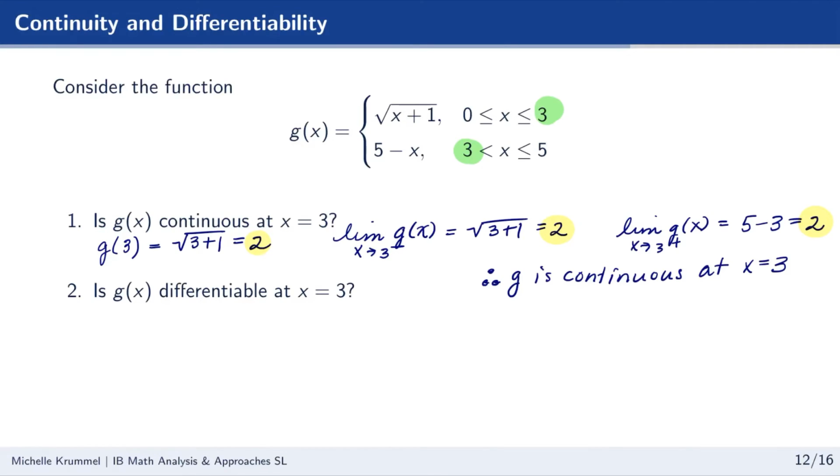Okay, number 2, is g differentiable at x equals 3? Now, in order to figure out if g is differentiable at x equals 3, we are going to want to find the limit of g prime of x as x approaches 3. And because 3 is where the domain splits, we're going to have to find the limit from the left and the limit from the right.